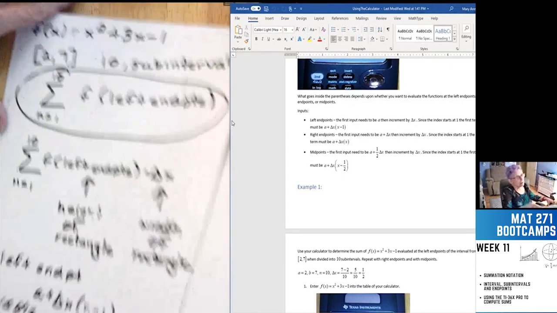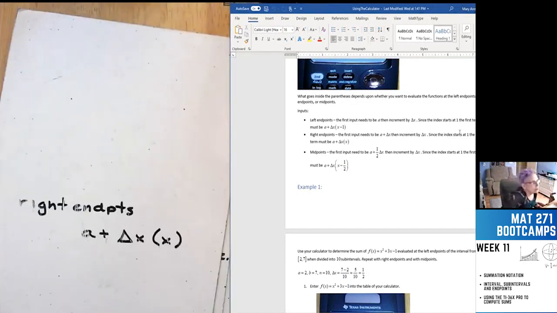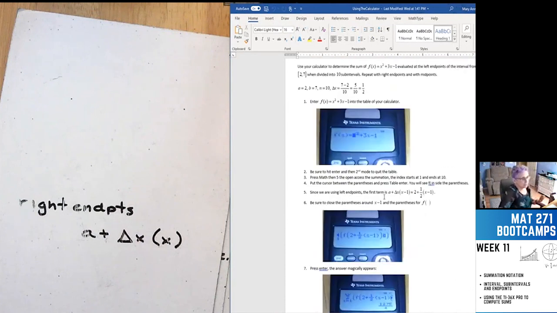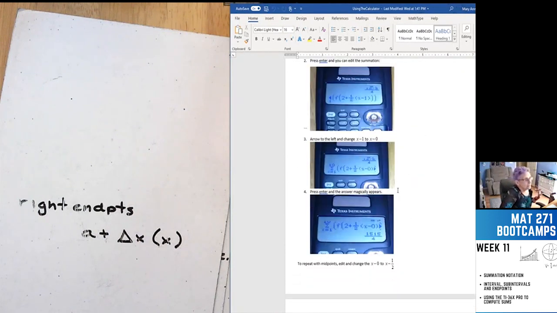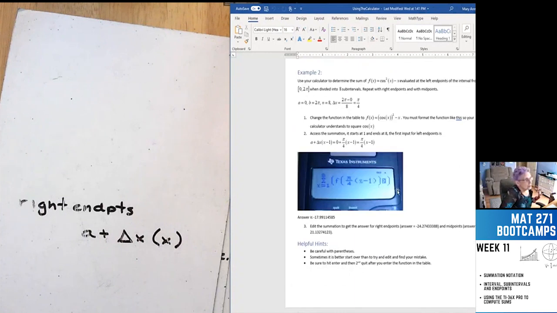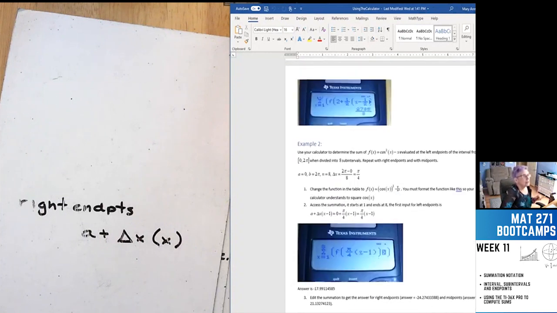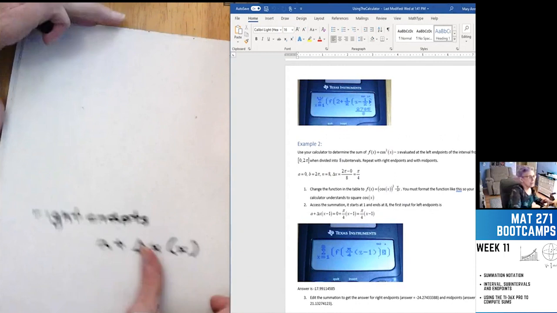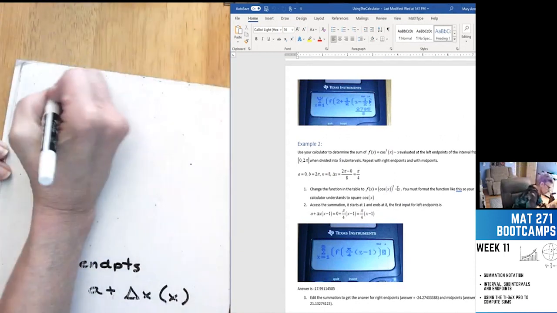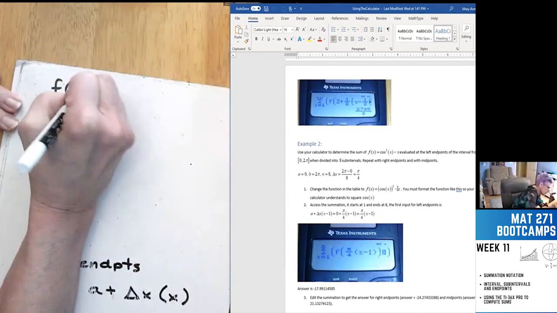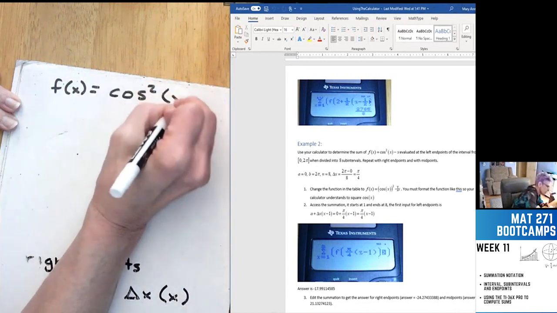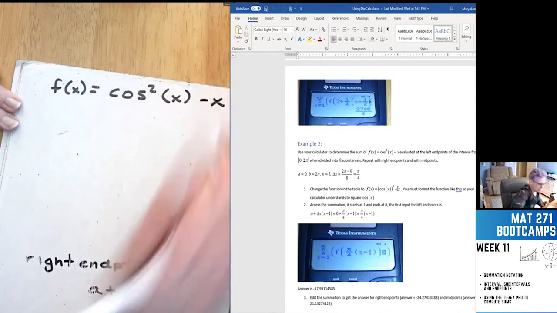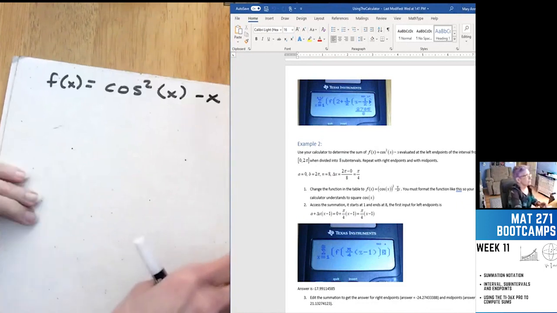So let's try the next one, which was our trig function. And I chose this one for a reason, because we have cosine squared of x minus x. And when you see it written down, it looks like cosine squared of x minus x.